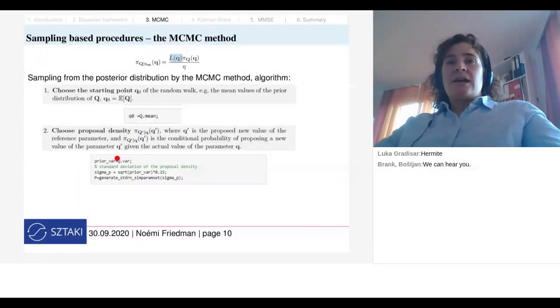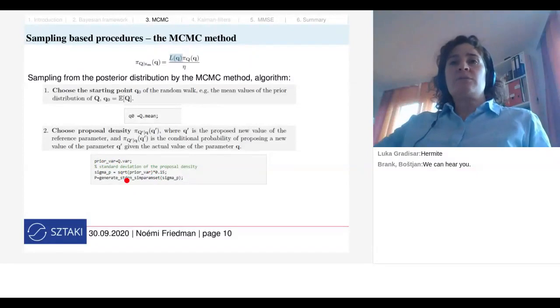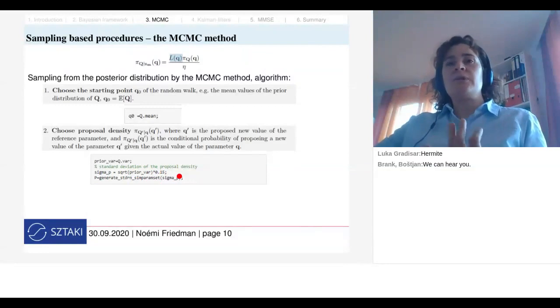So you see here that I have the parametric space defined by this Q random vector, and I have a vector of the variances of these random variables, and I multiply that by 0.15 to shrink the variance, and this will be the variance of my Gaussian proposal density. This is just a rule of thumb that I use. I use something sometimes between 0.1 and 0.3, it depends. You have to experiment with what proposal density you're using.